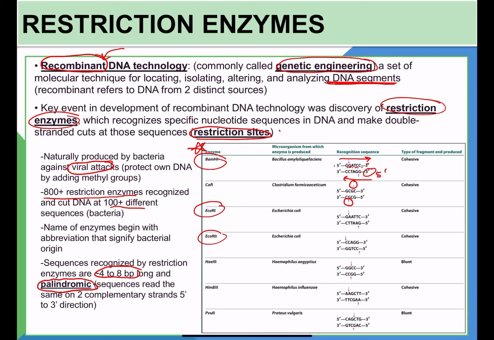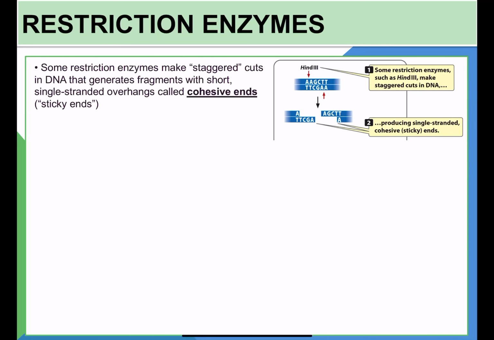It's like this is a cut between G and A here, and EcoRI will do another cut between A and G on the other side. So this is what we call creating a staggered cut, because the resulting piece of DNA after cutting looks staggered like this, where you have a staggering pattern of the two ends once they're cut.